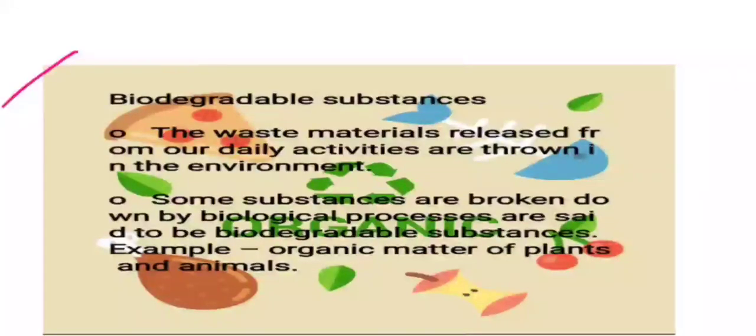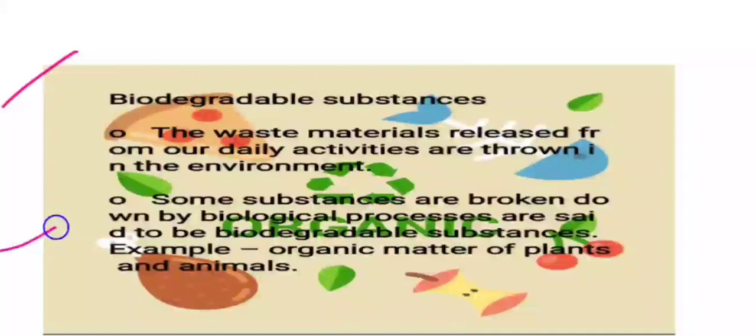Now next is types of substances in our ecosystem. These are broadly categorized into biodegradable and non-biodegradable substances. Biodegradable substances are those substances which get broken down by biological processes or by bacteria.